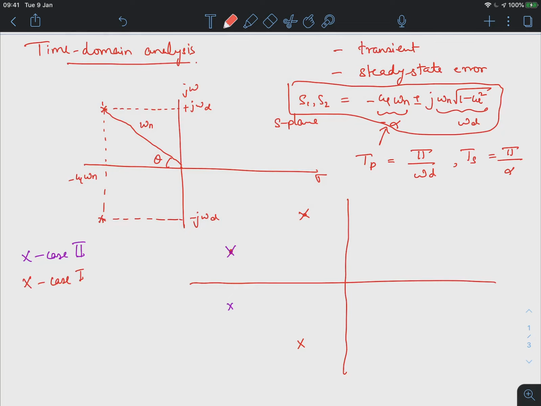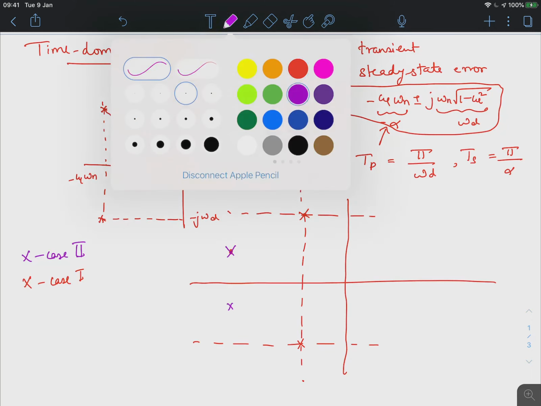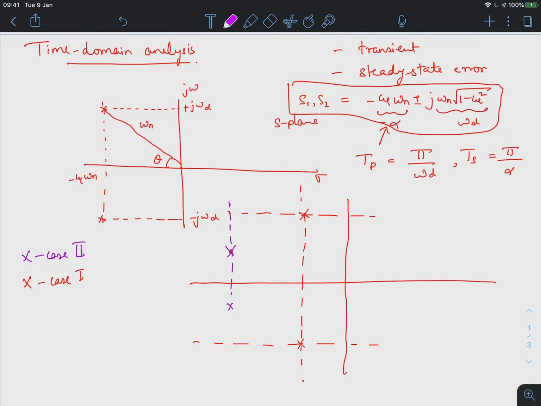And these two cases are basically two different locations of complex conjugate poles. So first of all we shall see case 2.